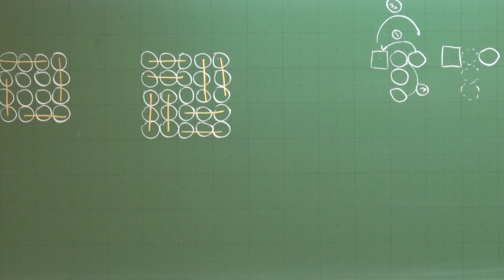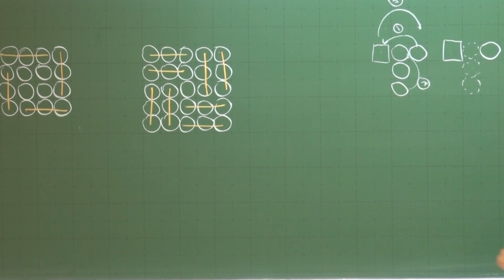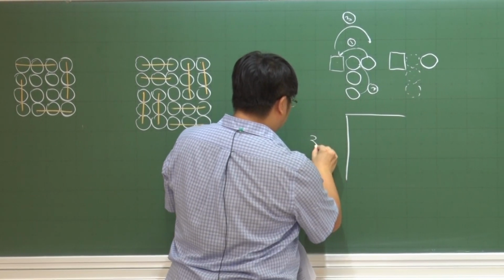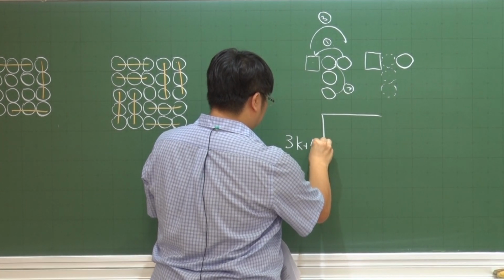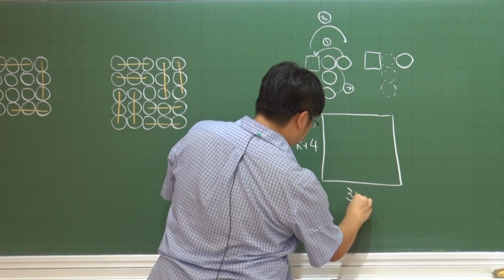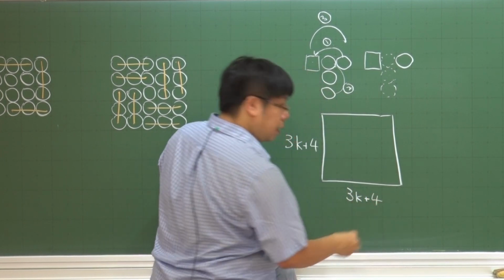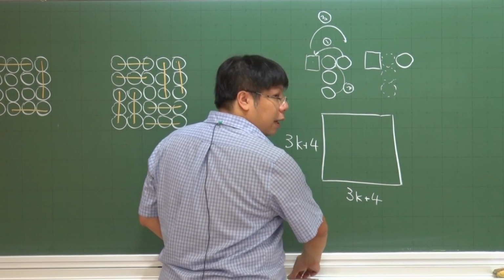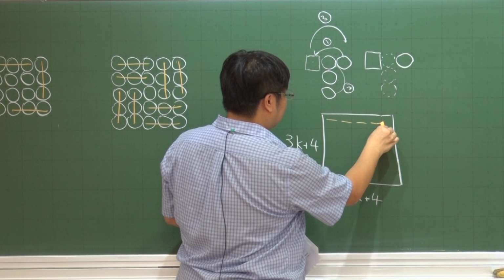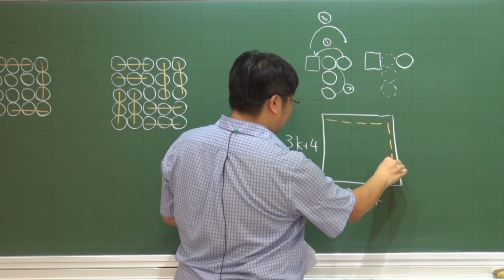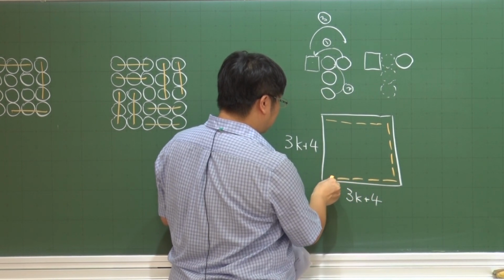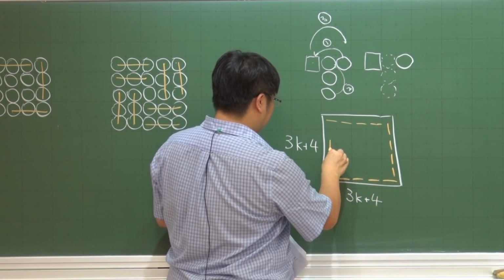Is that okay? So imagine, in general, you have a case of 3k plus 4 by 3k plus 4. If it is a 3k plus 4 case, then what are we going to do? We cancel 3, 3, 3, 3, and then there's 1 left, 3, 3, 3, 3, and there's 1 left, 3, 3, 3, 3, and there's 1 left, and then 3, 3, 3, 3.